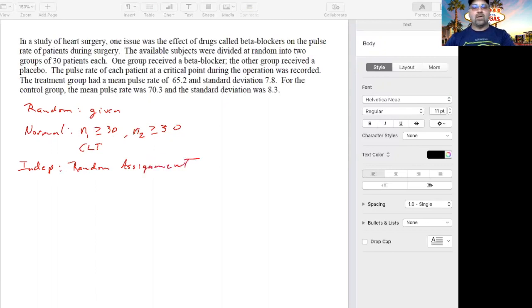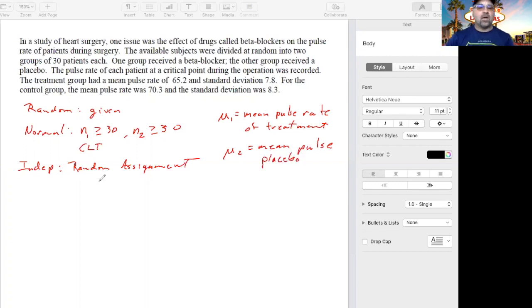All right, so what are we testing? Well, mu1 is the mean pulse rate of the treatment group, and mu2 is the mean pulse rate for the placebo group.